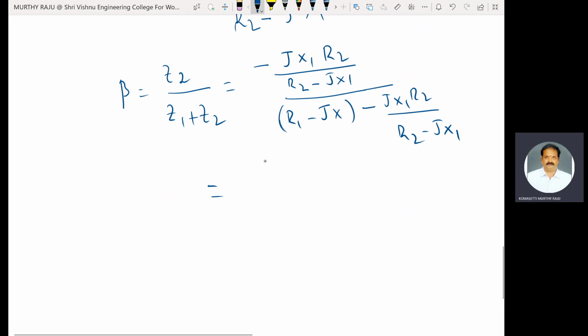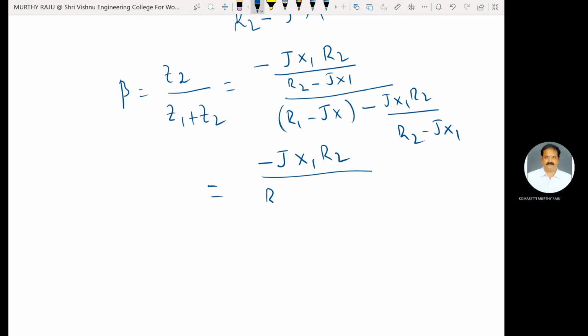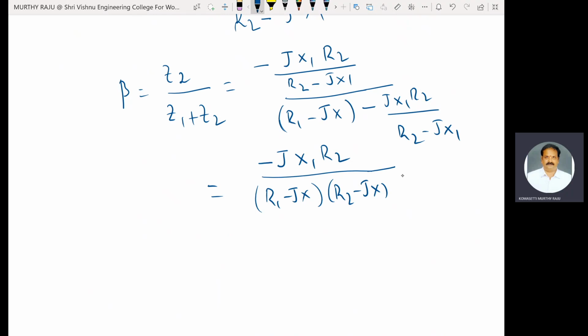That is equal to minus j x1 r2 by r1 minus jx, r2 minus jx. Simplify this one. The r2 minus jx1 terms cancel after multiplying r1 minus jx with r2 minus jx1.